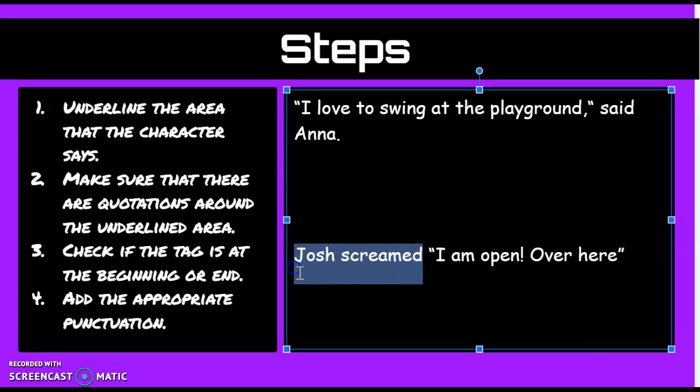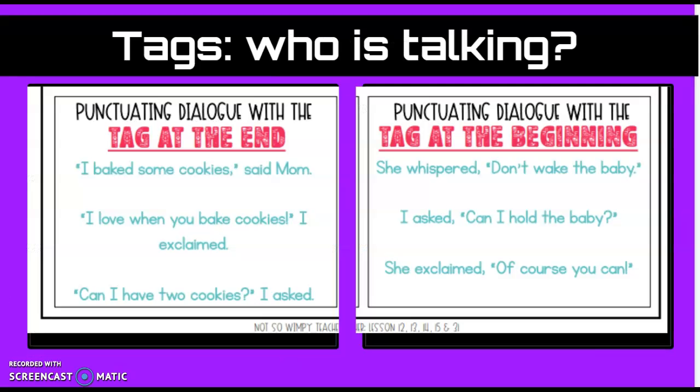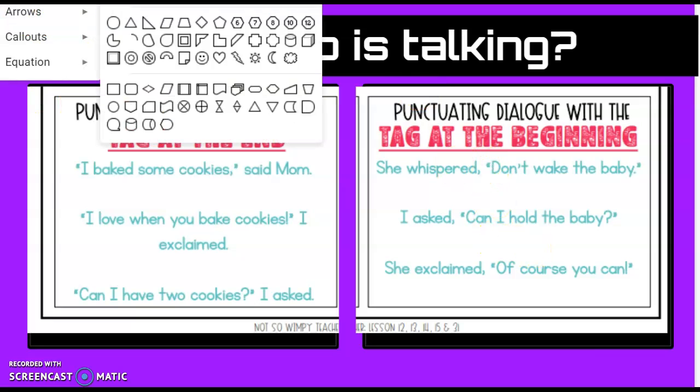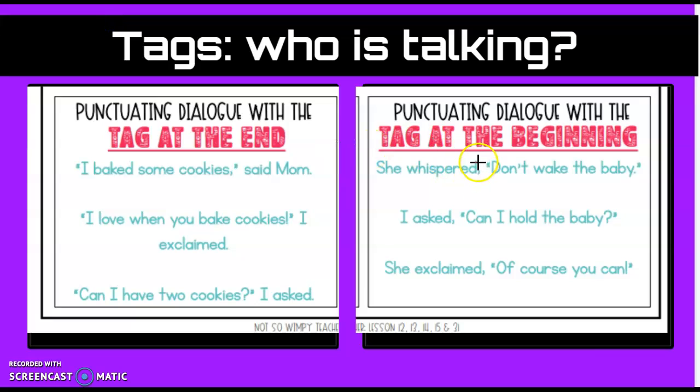So for this one, the tag is at the beginning. If the tag is at the beginning, we always add a comma right before the quotation. So you can see right here, we have the comma right before the quotation.